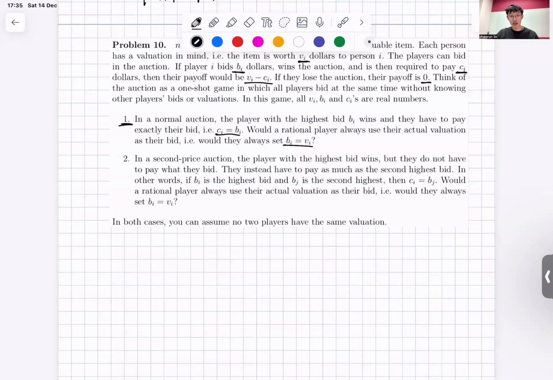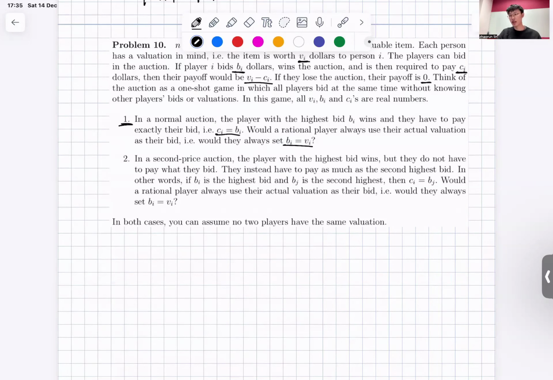If I am the highest bidder and I increase Bi, my profits will not change because I only have to pay the second highest bidder's bid. So it doesn't matter if I increase my bid. But if I decrease my Bi, it also does not change my payoff because I only have to pay the second highest bidder's bid.